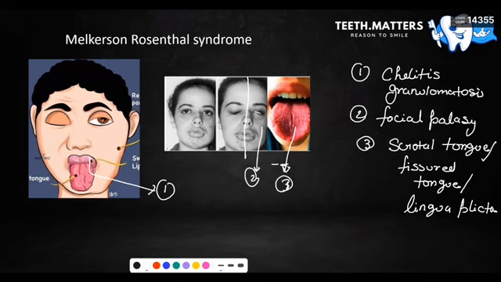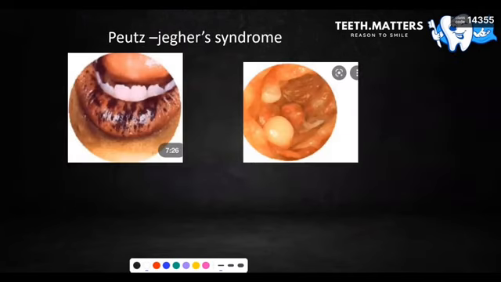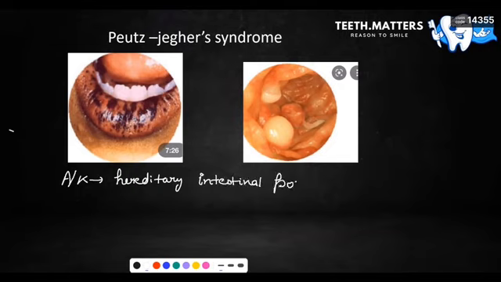Moving further, this is Peutz-Jeghers syndrome. Peutz-Jeghers syndrome is also known as hereditary intestinal polyposis, because in this we can appreciate multiple intestinal polyps.